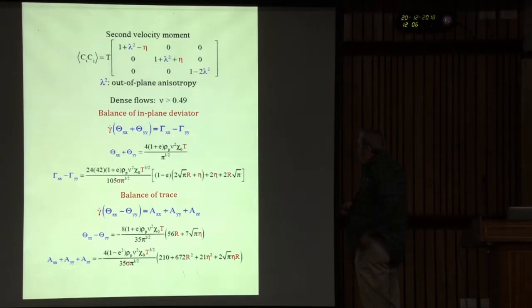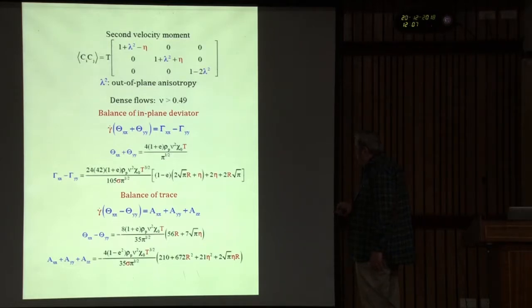And Saha and Alam provide the constitutive relations for these quantities, and they're given in terms of things that we've introduced before, at least notationally. So this is the sum of the in-plane collisional stresses, and this is the difference of the collisional productions of this particular component.